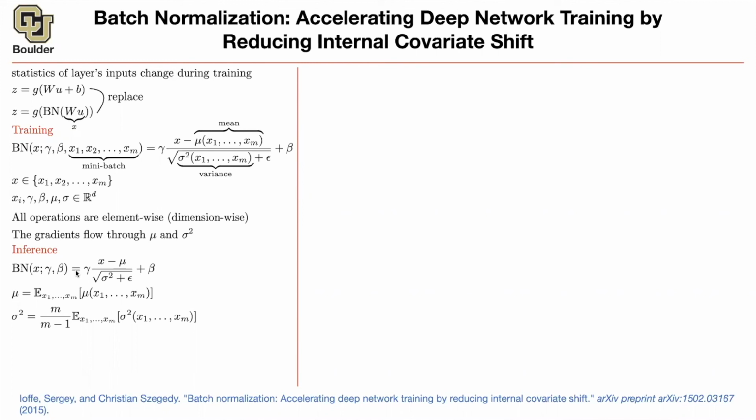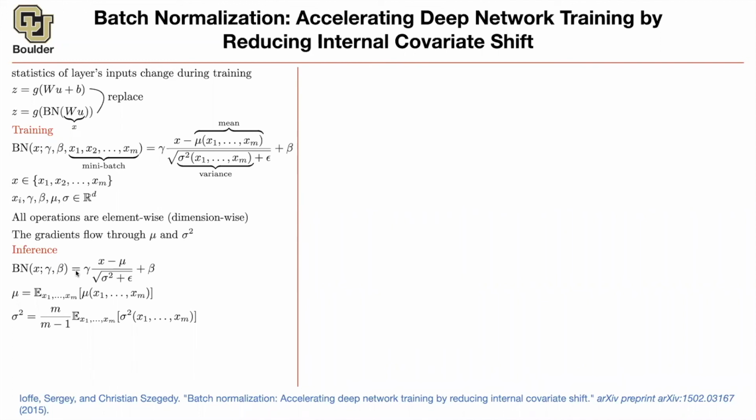I think for me, the confusion is in training, everything is happening in parallel. So U is the input to that layer, which is also a mini batch, and then we compute WU for each data point in that mini batch, and that's X1 through XM. And then for each X1 through XM, we can do this batch norm based on all the other X1 through XM.